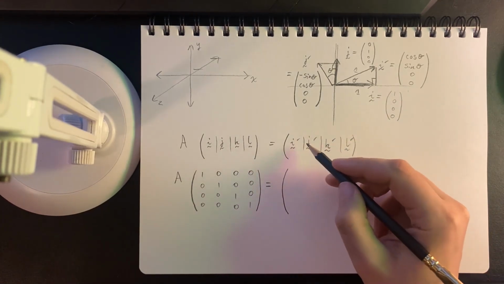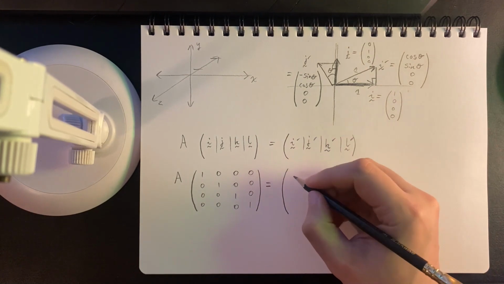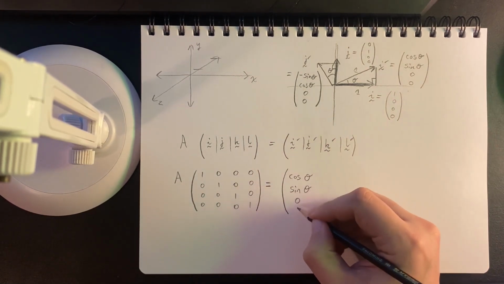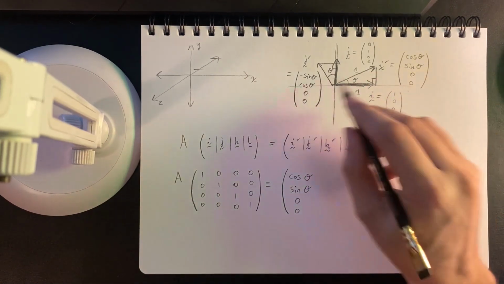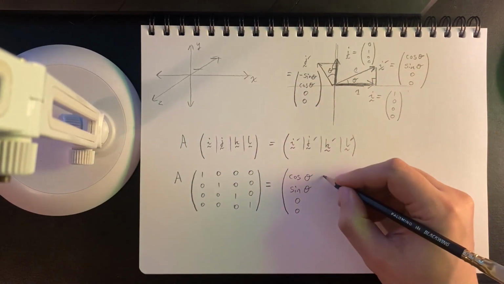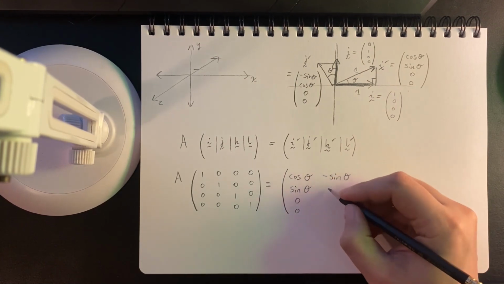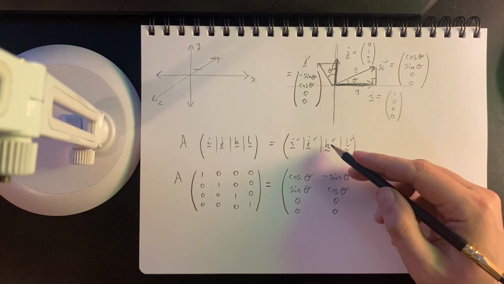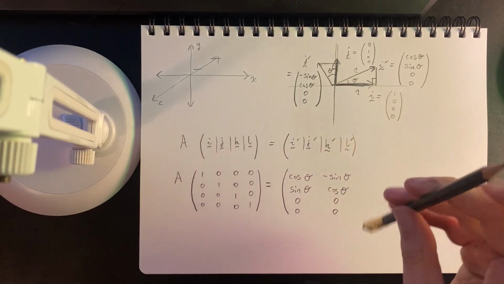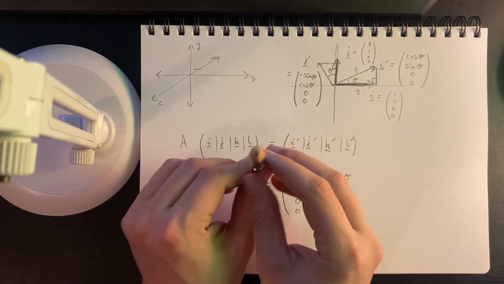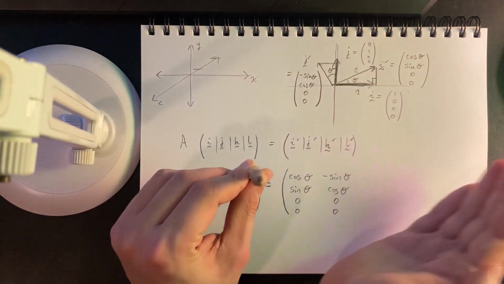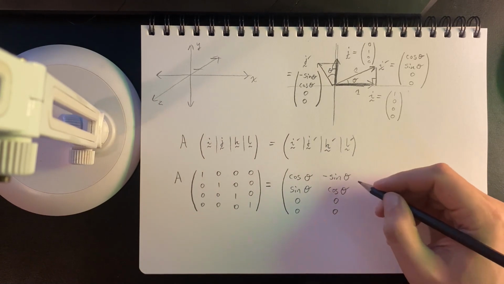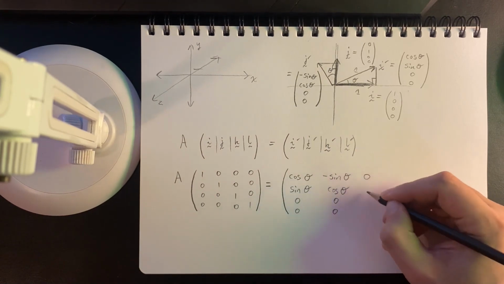Okay, so what do we have? We have I dash. I dash is going to be cos theta, sine theta, 0, 0, because we've worked that out here. J dash will be negative sine theta, cos theta, just like that. Now K dash, we're rotating around the z-axis. The z-axis itself doesn't change under that transformation, and so that will be unchanged.